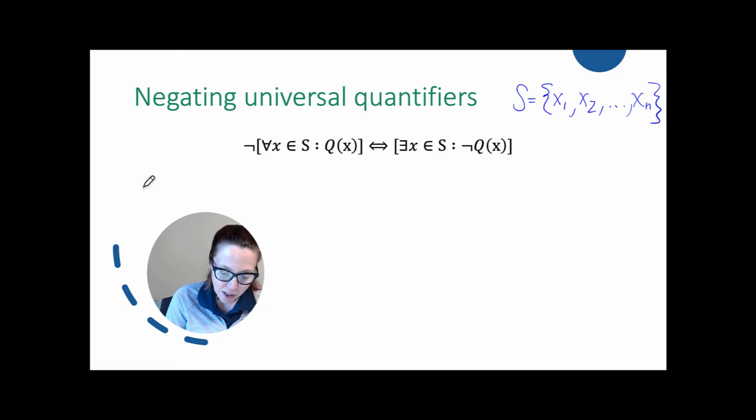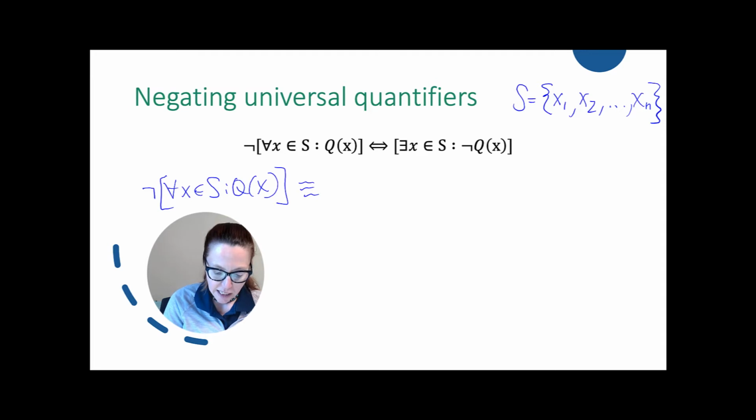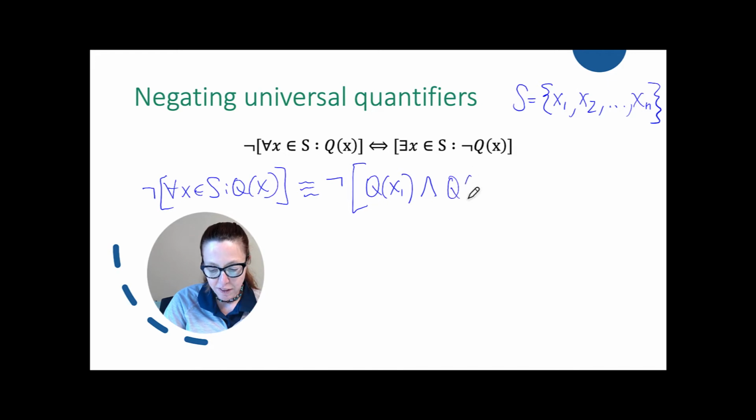Then, another way of writing this out is to say I have the negation of q of x1, and this is for all, so I need them all to be true for it to meet this criteria. So, and q of x2, and all the way out to q of xn.